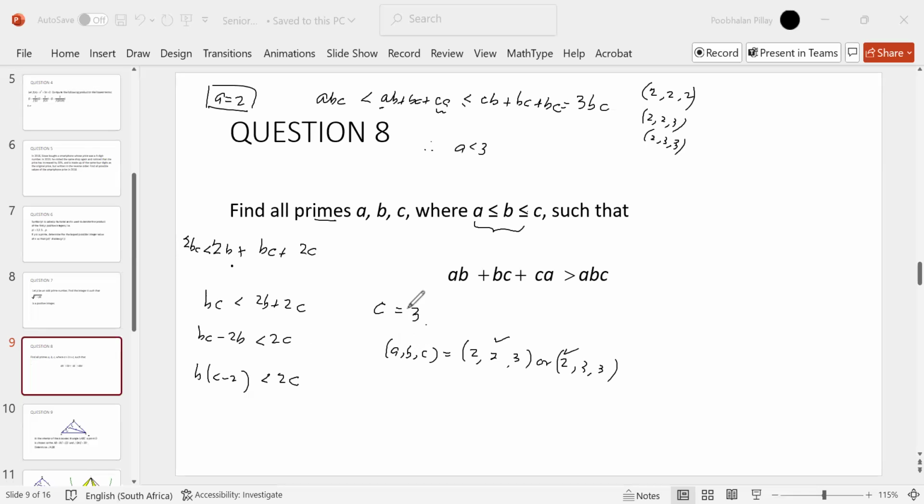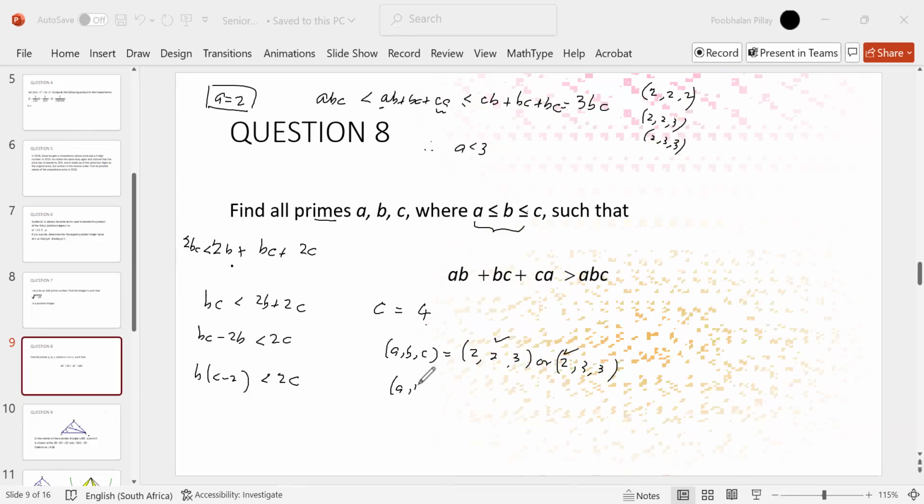Okay, so let's try C equal to 4. Right, if you've got C equal to 4, then you have, so what are the possibilities?